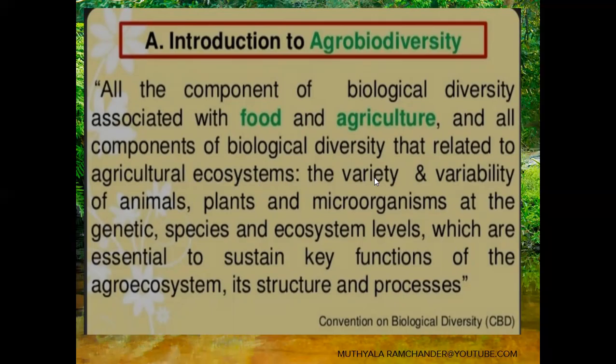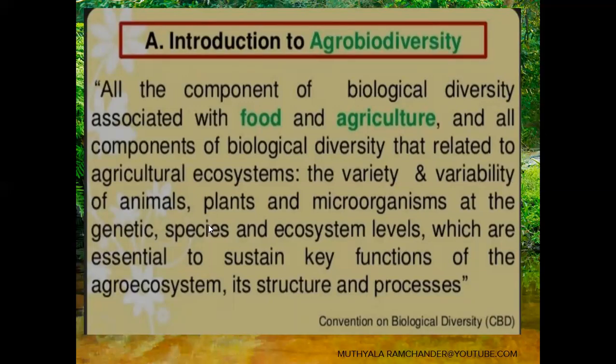The variety and variability of animals, plants, and microorganisms at the genetic, species, and ecosystem levels, which are essential to sustain key functions of the agroecosystem, its structure and processes.